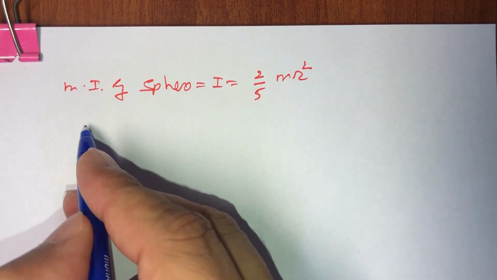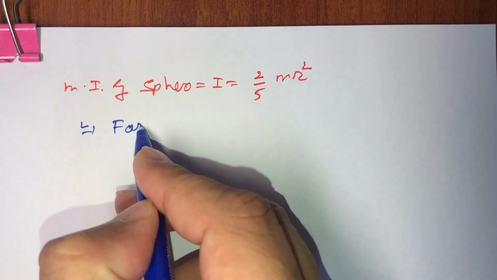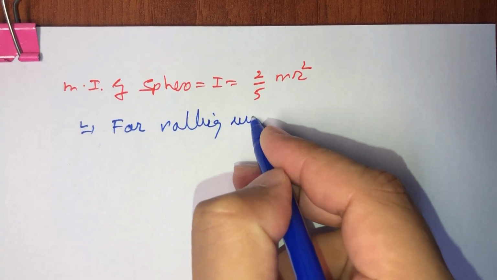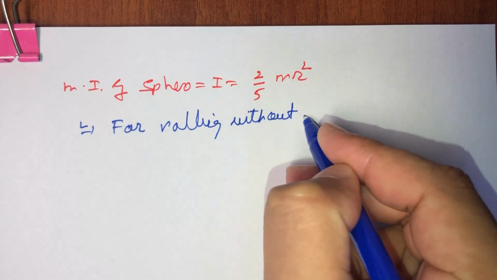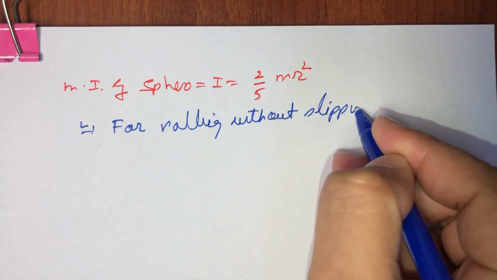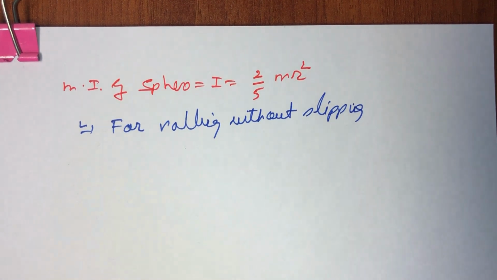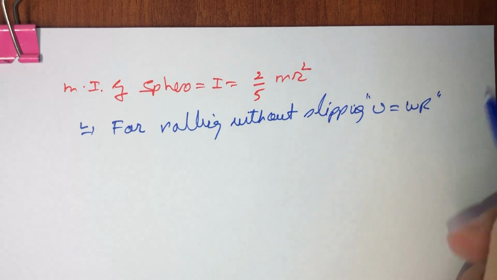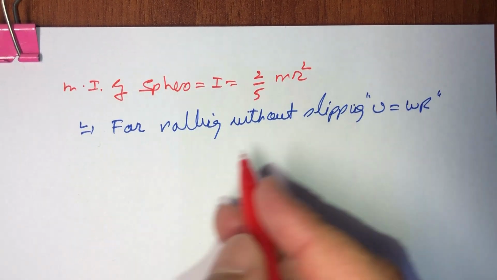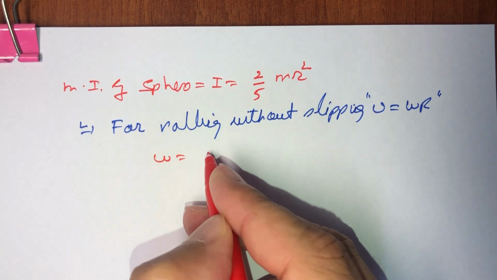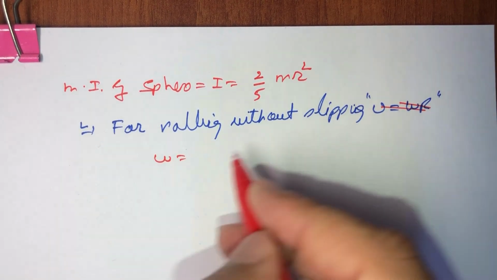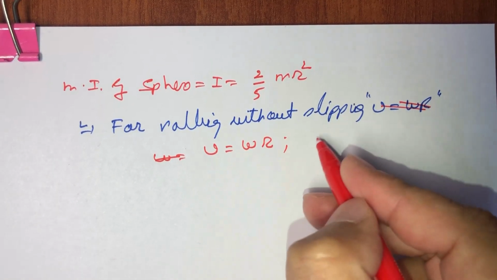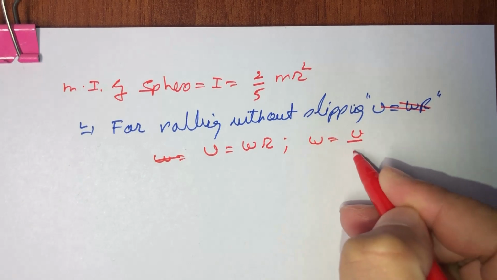So for rolling without slipping, v is equal to omega r, or omega is equal to v upon r.